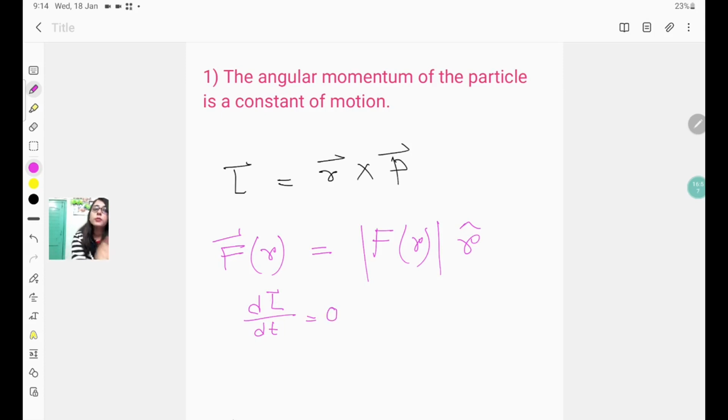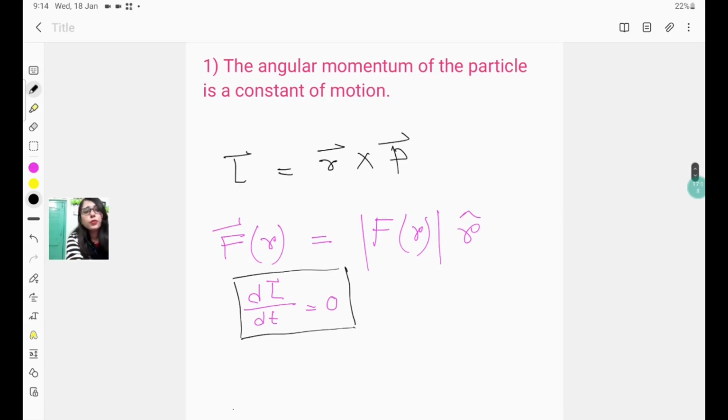That is, the angular momentum is a constant of motion. So we just need to prove that dL by dt is 0, and if you can prove this, then this point number 1 is proved, that is, the angular momentum of the particle is a constant of motion. We just need to prove it. How can we prove it?